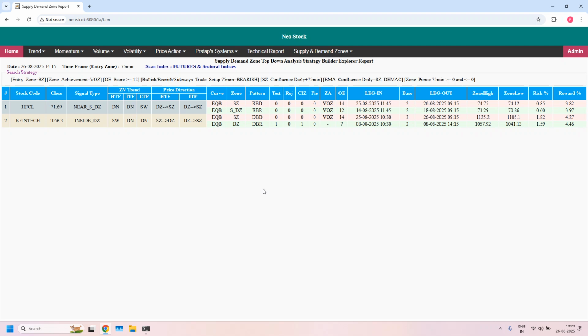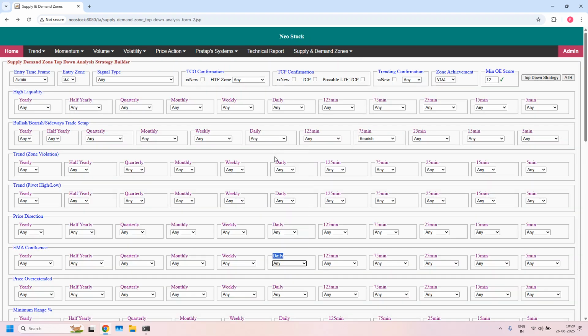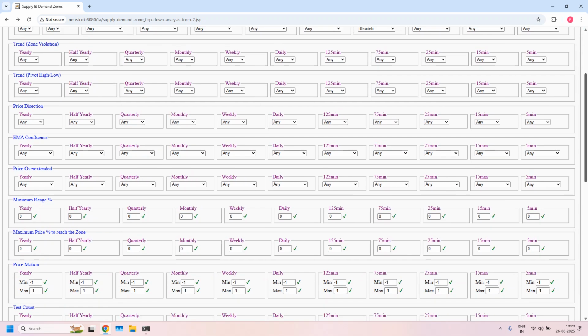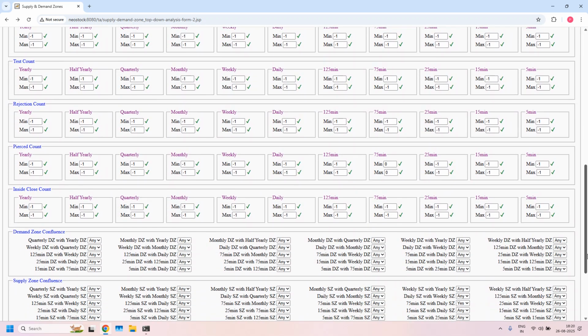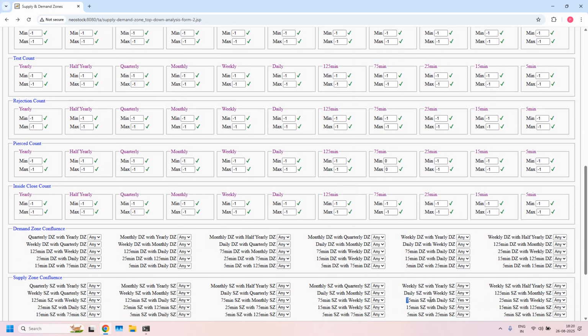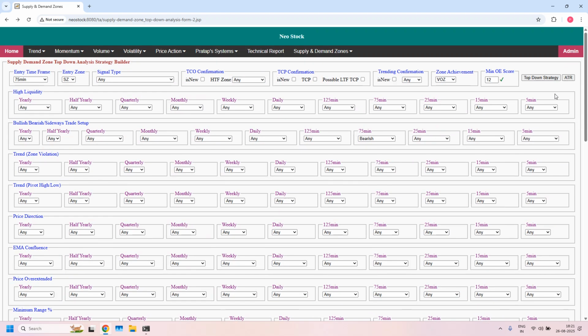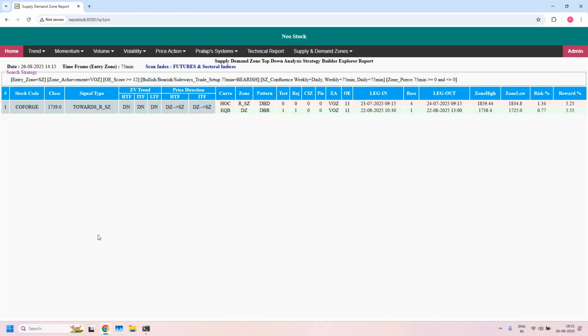Okay, next LTF, ITF, HTF supply zone confluence. Removing the ITF EMA filter. In the supply zone confluence, I have to set 3 filters. First one is 75 and daily. Next 75 and weekly. Daily and weekly supply zone confluence. With all the 3 filters, we got only one stock. This 75-minute supply zone overlapped with the daily supply zone.